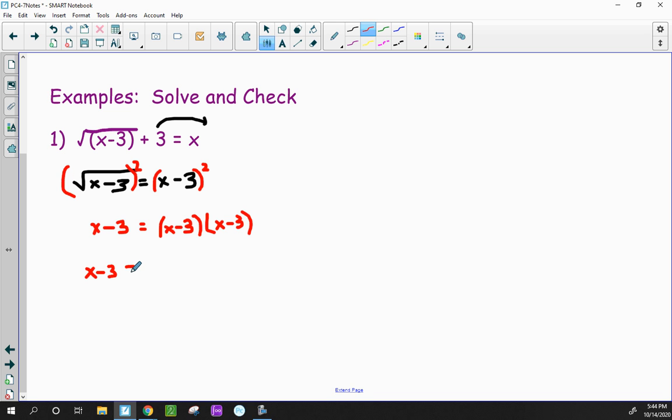On the right side, you have x to the second. You have outside would give you a negative 3x. Inside would give you a negative 3x. And last, negative 3 times negative 3 is positive 9.